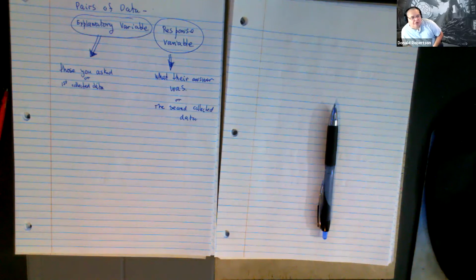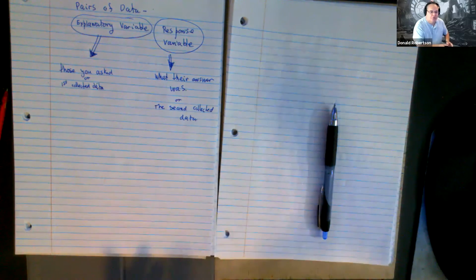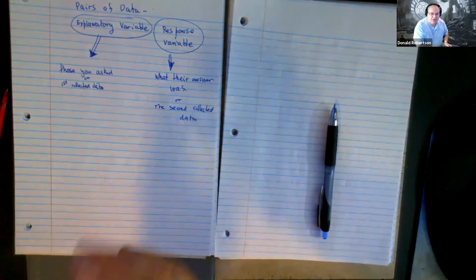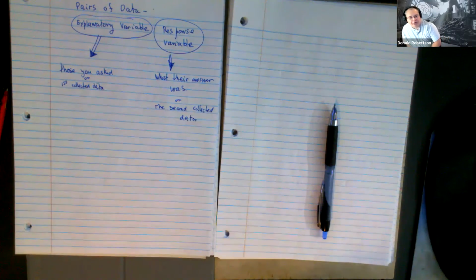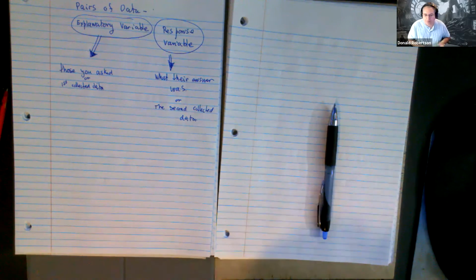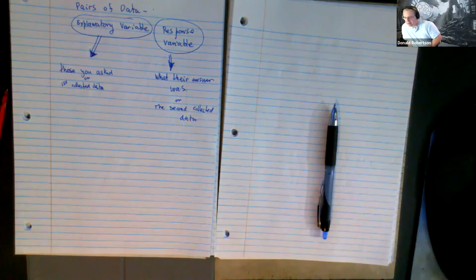So we're looking at situations where there's a start, who did you ask, or what was the first piece of data you collect? And then the second one, the one that's called the response variable, is what was their answer. And it's very often the response variable that we're interested in. So to give you an example, suppose I went around 12 shops in Bremerton and found out how much a dozen large eggs cost.